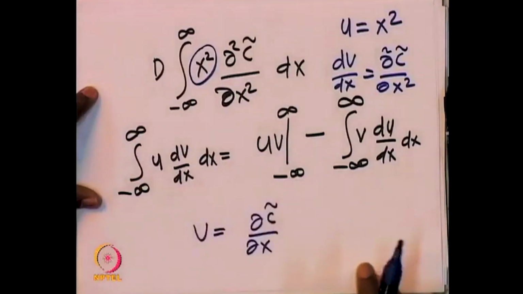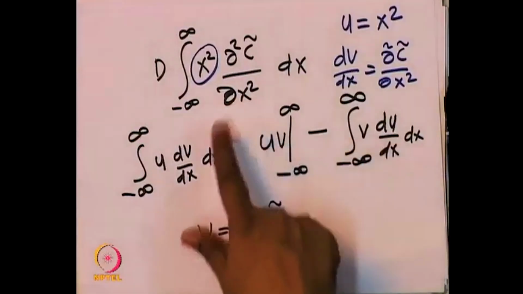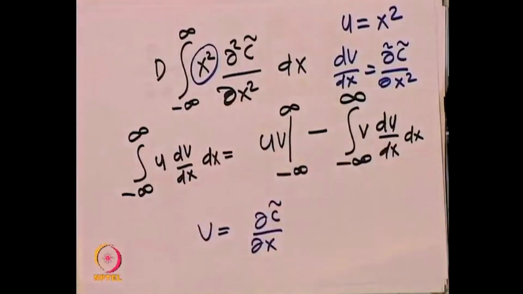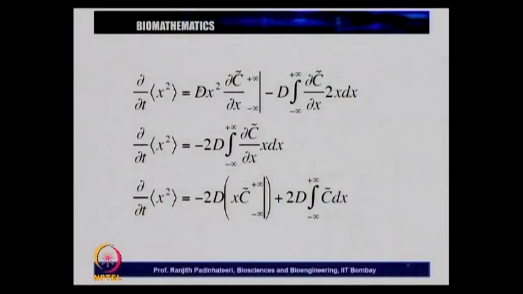So, if you apply this formula and rewrite this integral, you will get u, which is x square, into v in the limits, minus integral v, which is del c tilde by del x, into du by dx, derivative of x square, which is 2x dx.